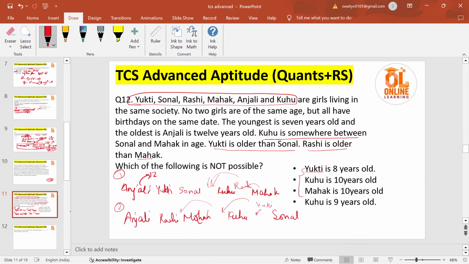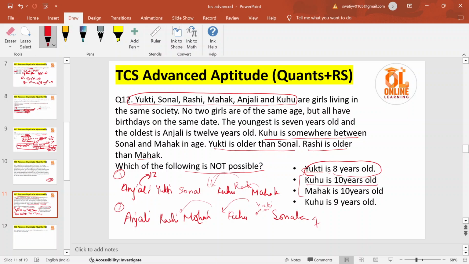Now what they are saying, which of the following is not possible. Yukti is 8 years old. If I say, see, the youngest one is 7 years old. If I take this condition, then can I say Yukti can be 8 years old also? Yes. So this can be true, so we will not take it as an option.